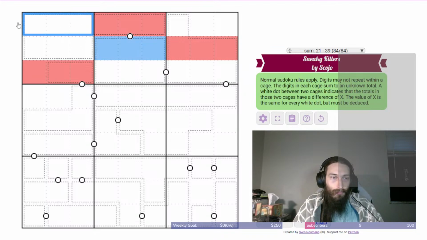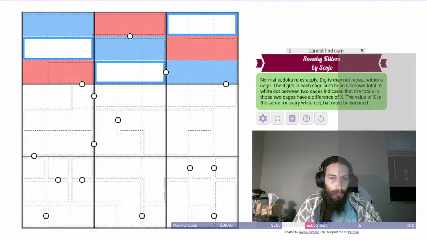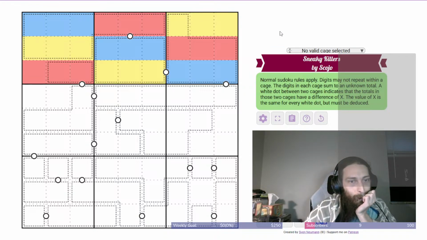If those are blue, then those are blue, and those are blue, and then we get yellow in these.